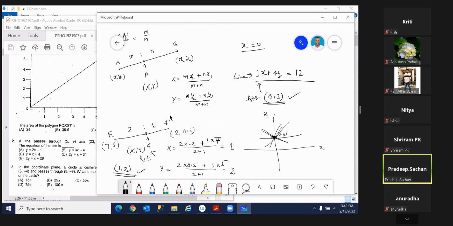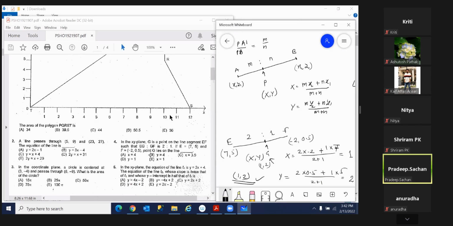So that's what the question was asking: my point G lies on which line. So we will see all the equations and substitute 1, 2 there, and wherever it satisfies, there it will lie. The first option is saying x equal to 4, but I have x equal to 1, so not satisfying. Y equal to 4, I have y equal to 2, not satisfying. X equal to 3.5, not satisfying.